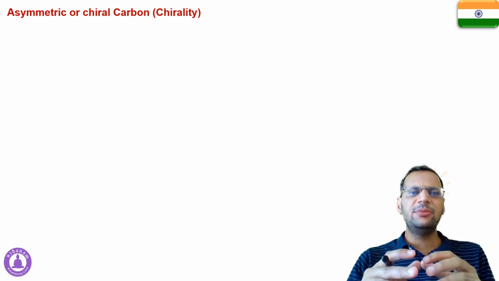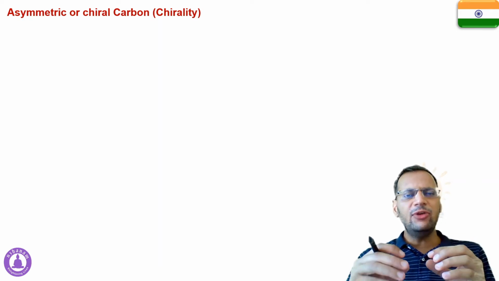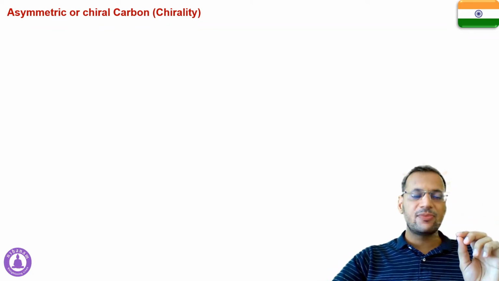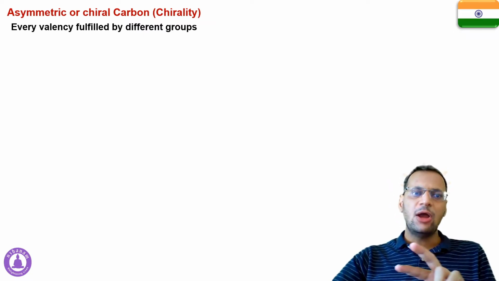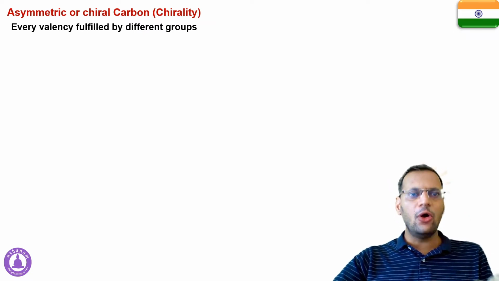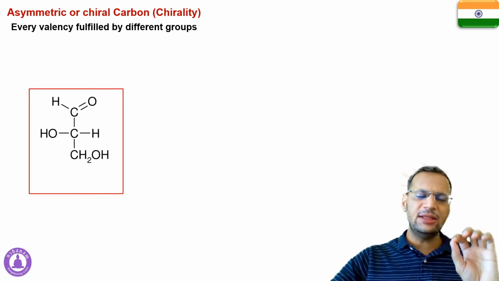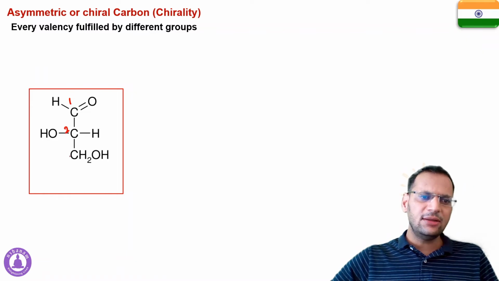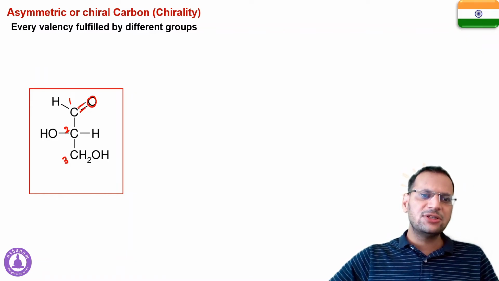First of all, what is asymmetric carbon or chiral carbon, or what is chirality? Well, we all know that carbon has 4 valences. In a compound, if a carbon has its 4 valences occupied by different groups or atoms, then it is called an asymmetrical carbon. For example, in this case there are 3 carbons, first, second and third. In the first carbon, 2 valencies are fulfilled by oxygen, so this cannot be a chiral carbon.